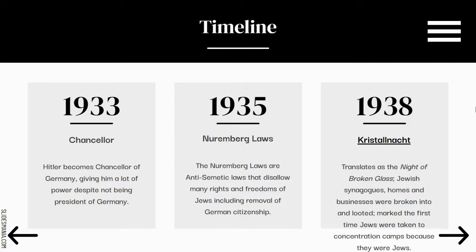So if you are a German citizen and Jewish, then after the Nuremberg Laws are instituted, you no longer have your German citizenship.